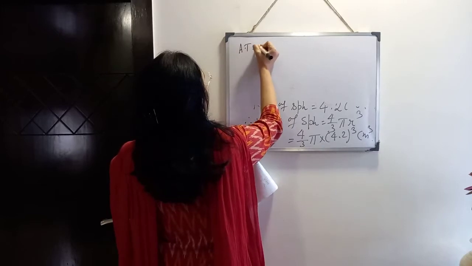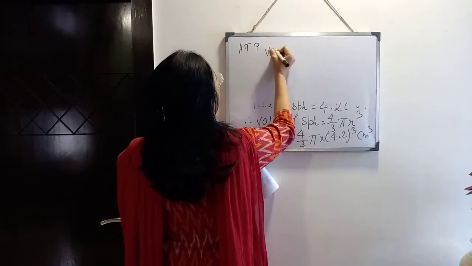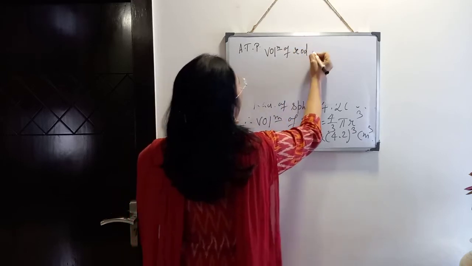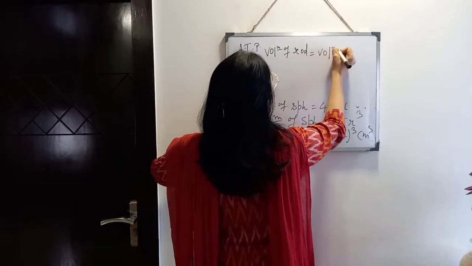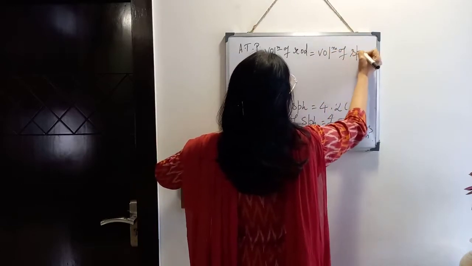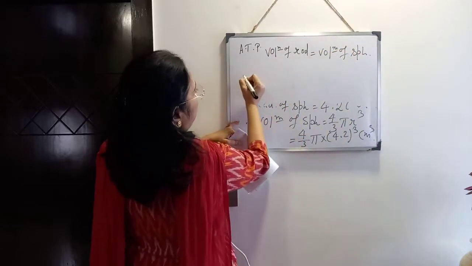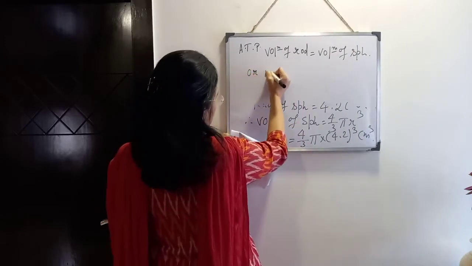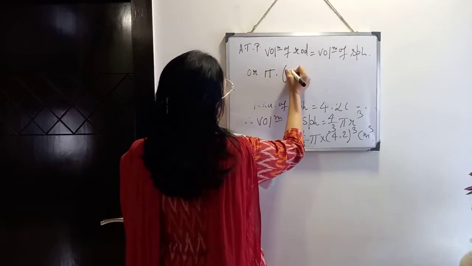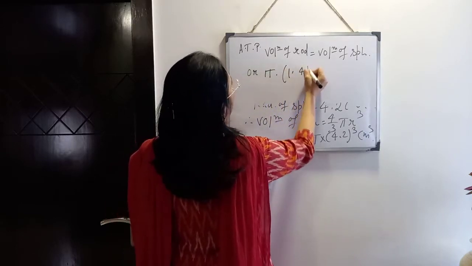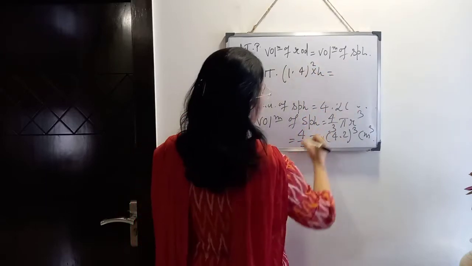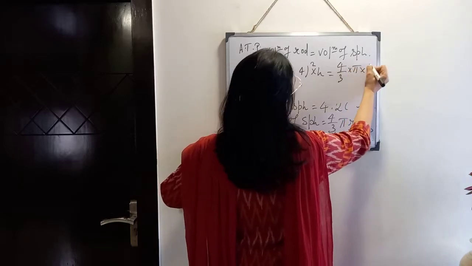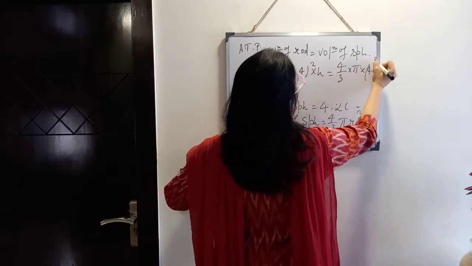According to the problem, volume of cylinder or rod equals volume of sphere. So volume of rod, pi into 1.4 whole square into 8, and this side 4 by 3 into pi into 4.2 whole cube.